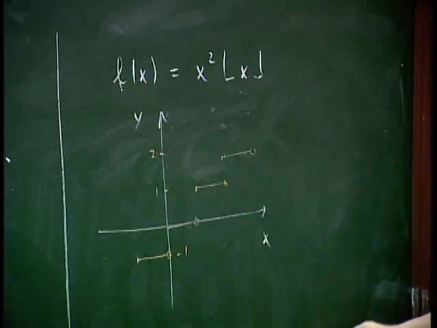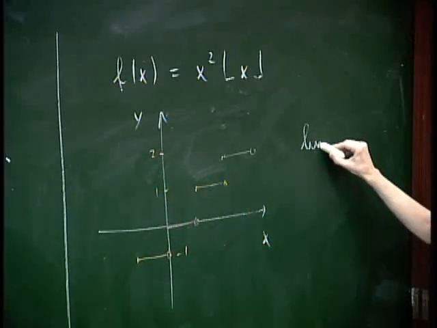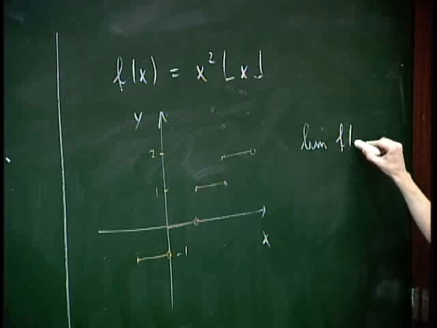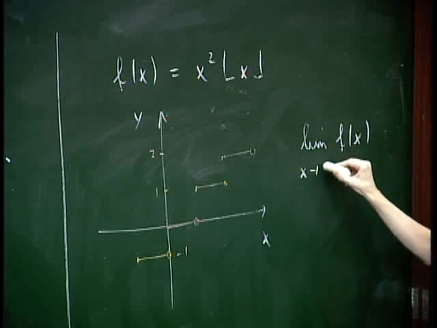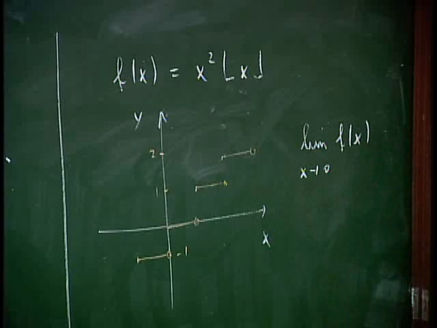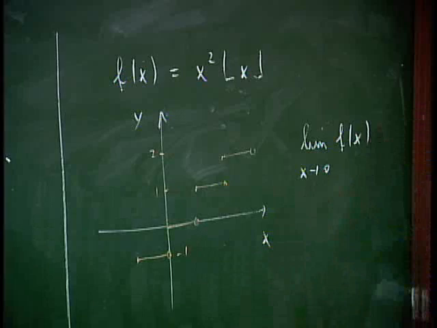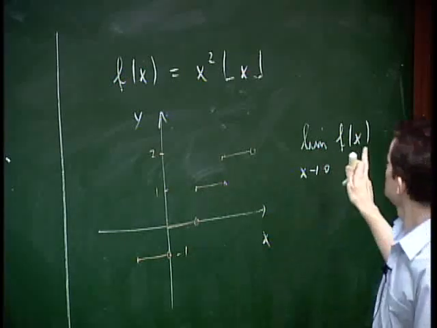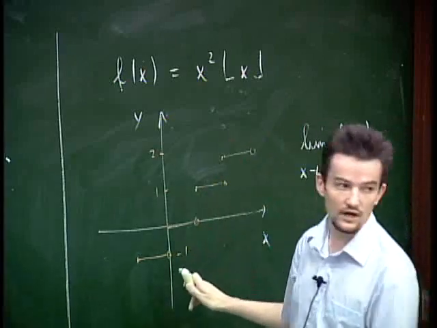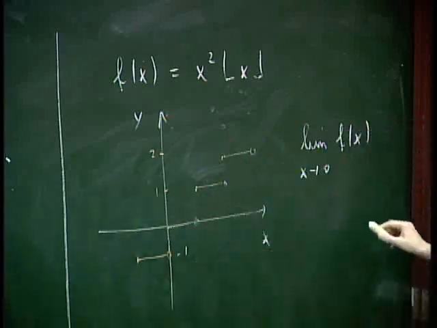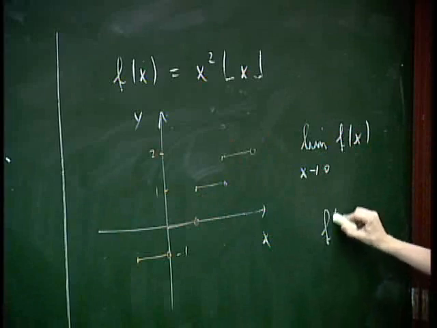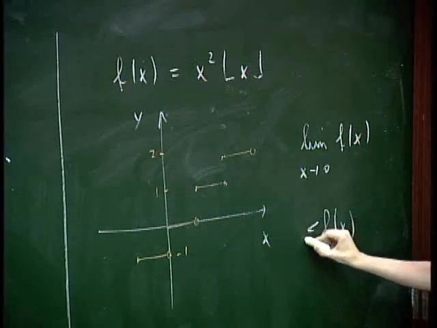Now, if we are interested, for instance, in the limit of f of x as x tends to 0, of course you could use left and right hand limits, and it's easy to figure out. But you see that for x close to 0, which is the important thing, this function f of x will be sandwiched between.